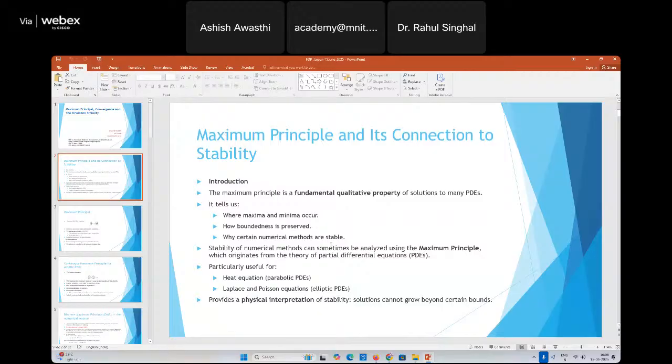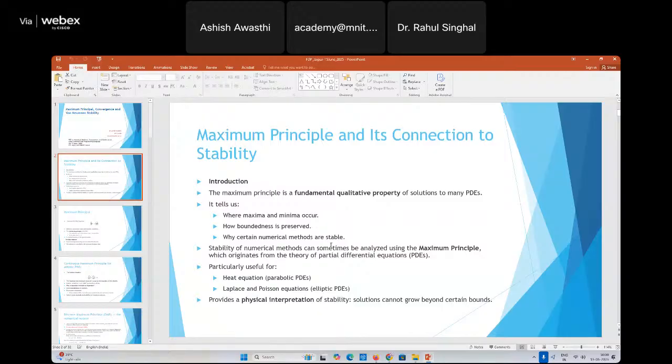Okay, and it tells us what the maximum value is, what the minimum value is, and what about the solution. Because when you know the maximum and the minimum, that means you can say that the solution is bounded. So boundedness you can find out, and you can say that there is a fixed maximum and a fixed minimum, then the solution is also bounded. So boundedness is preserved. Okay.